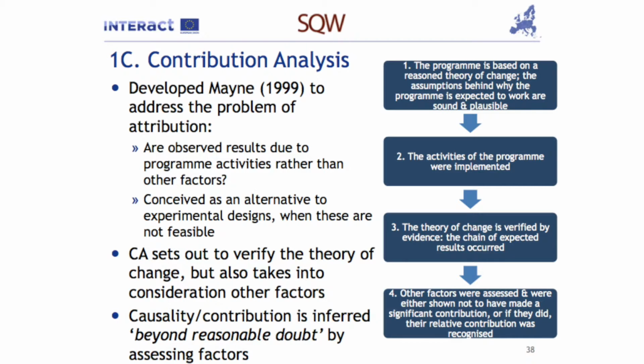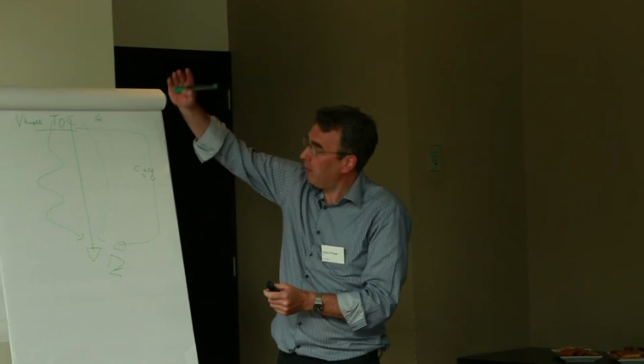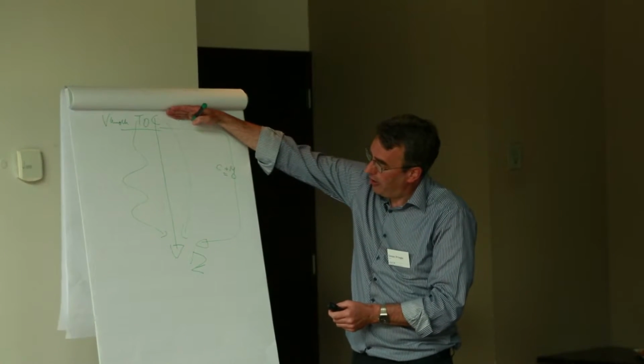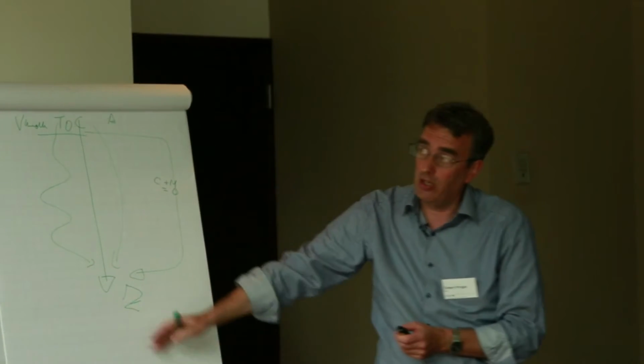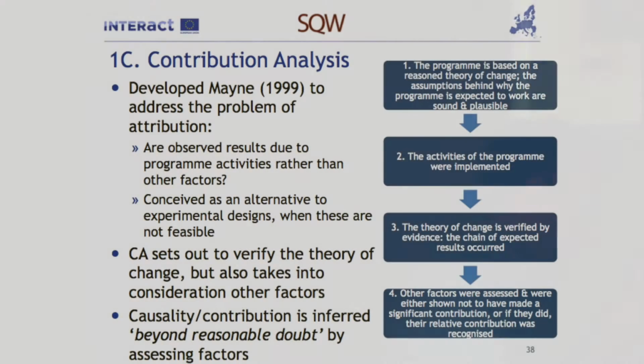Again, it's about trying to identify, as you move from the top of the theory of change to the bottom, what factors appear to have been particularly causal in contributing to what is observed in terms of effect and consequence.